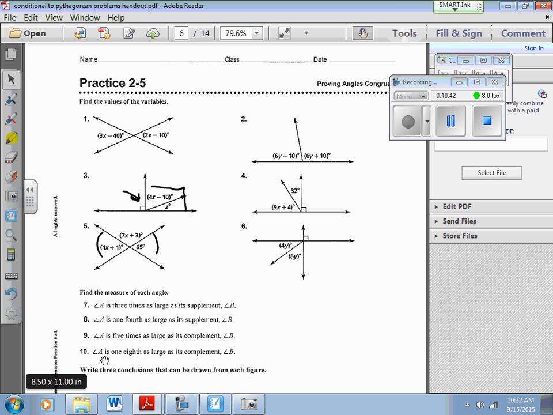You notice that in number 6, these two angles are vertical angles to this angle right here. So 4y plus 6y should add up to equal how much? 90. 4y and 6y give you 10y. All right.